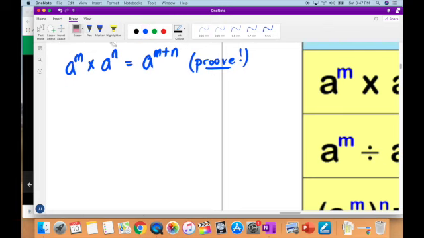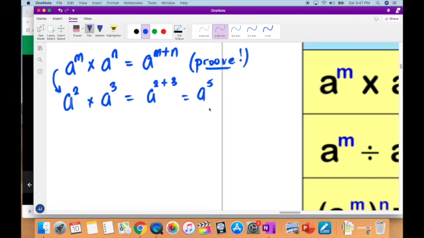So let me choose some small little numbers then. Alright? So if this rule is true, then it should be true that a squared times a cubed is going to be equal to a to the power of 2 plus 3, which is a to the 5. So according to the rule, this should be true. So let's prove if this is true.